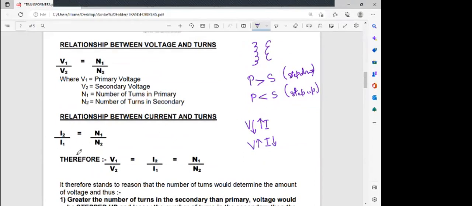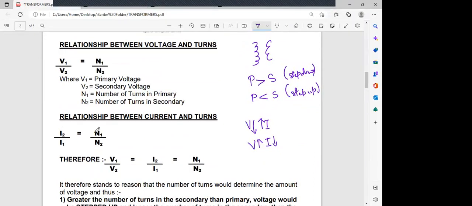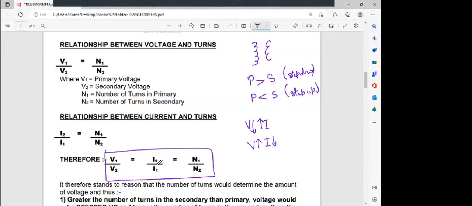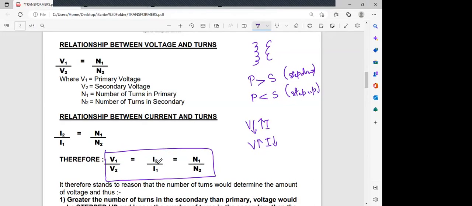As far as the formula is concerned, I2 by I1 is equal to N1 by N2. So here's a complete comparison between all of them. They can give you some parameters and ask you to calculate what would be the voltage or the current output for a given number of turns of your primary and secondary.